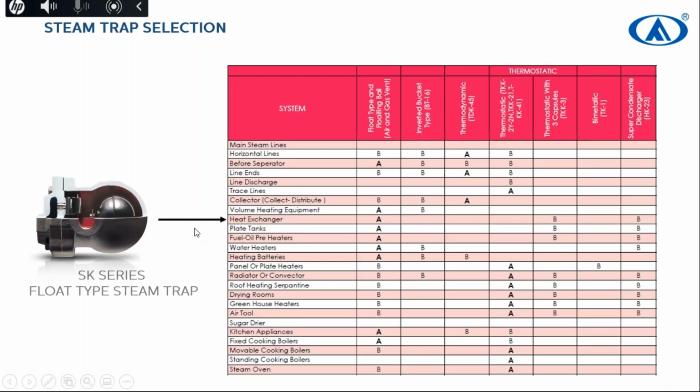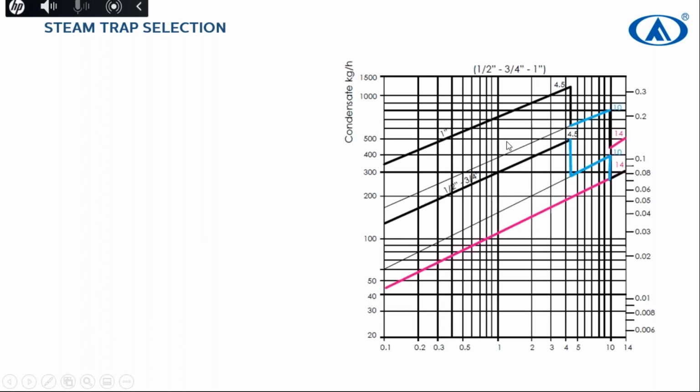Where will you look for the third part? You need to check the technical catalog of the float type steam trap. In that case, the differential pressure is 4.2, because the inlet was 5 and the outlet is 0.8.